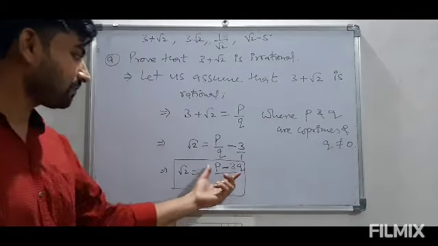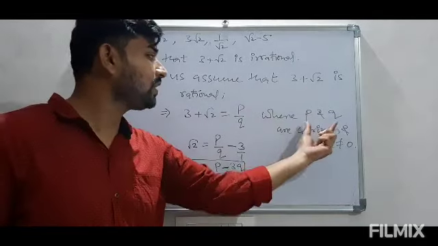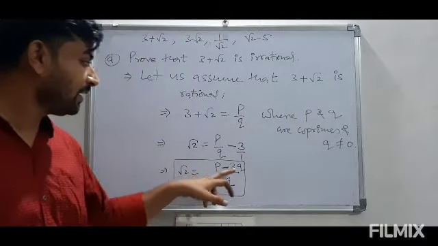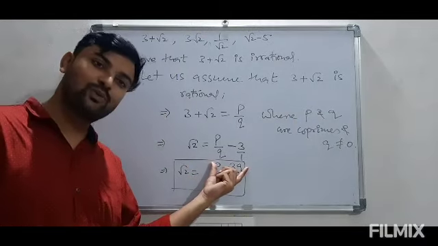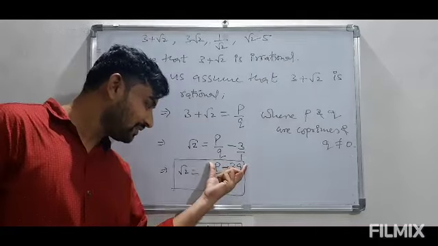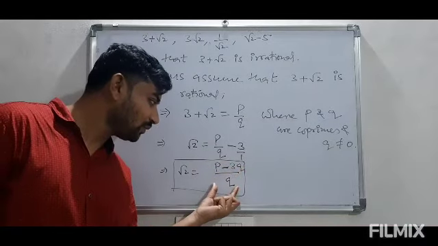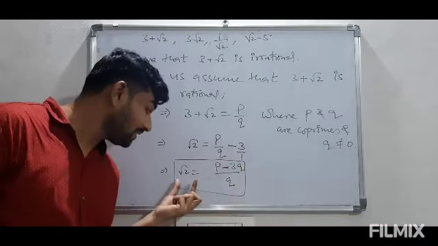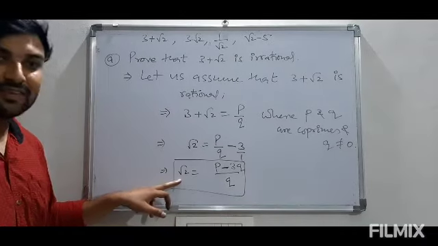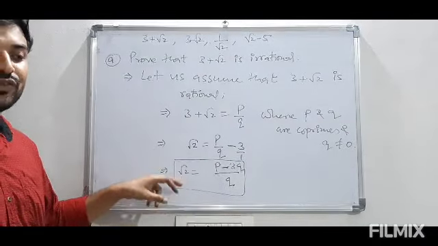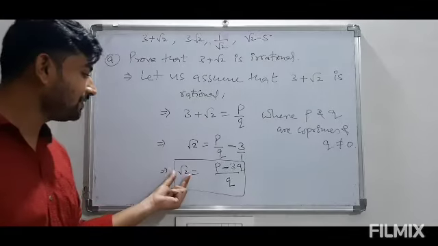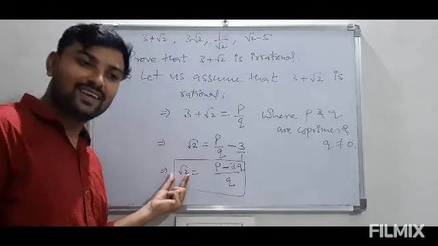Now see, as we know that P and Q are co-prime integers. So P and Q are integers, so this value will come out to be an integer. So again, this is in the form of P upon Q. But look at the LHS. This is root 2, which we have already proved is not rational.